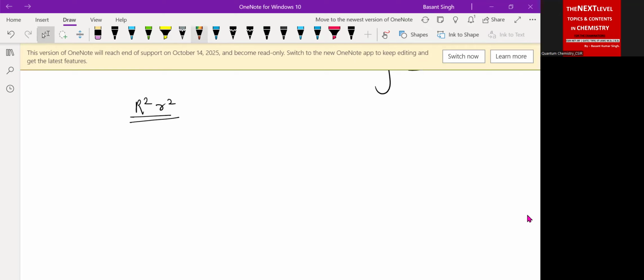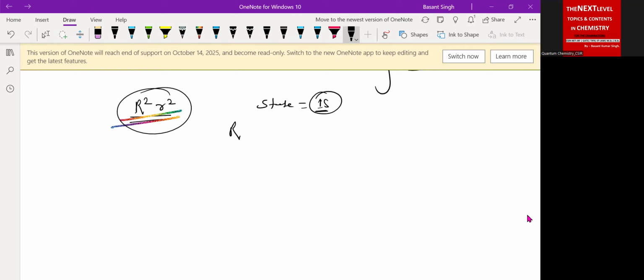For this expression, I have to take a radial function. So the simplest state is the 1s state. We take the radial function of this 1s state, we call it R10, because n is 1 and the azimuthal quantum number is 0.